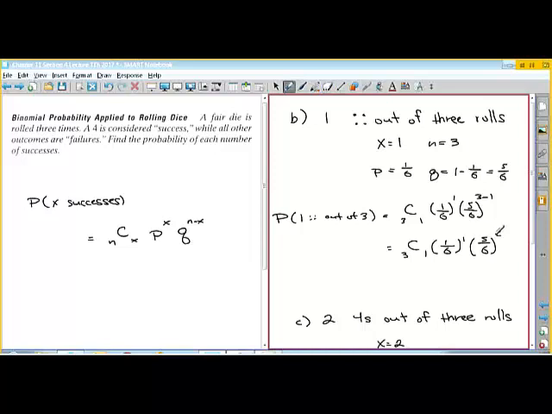I want you to pull out your calculators and do these calculations, just so that you know how to do it, or you know that you don't know how to do it, so you can ask me how to work it on your calculator. Let me get my calculator out.